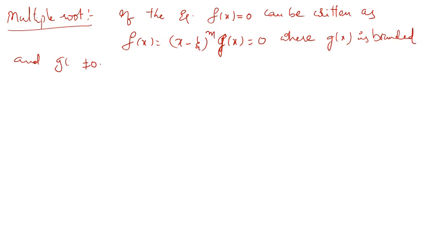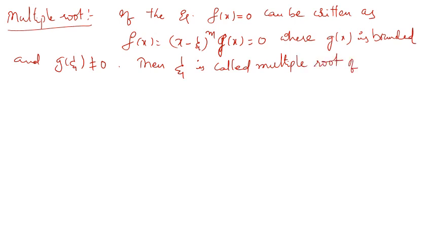Let me write like this: bounded and g of xi, if I replace x by xi, the value not equal to 0, then xi is called multiple root of multiplicity m.